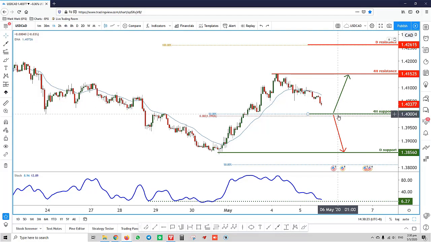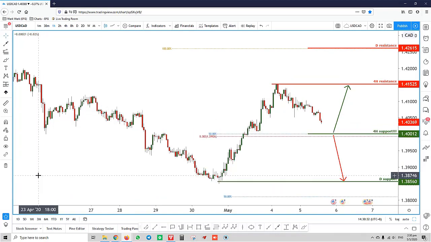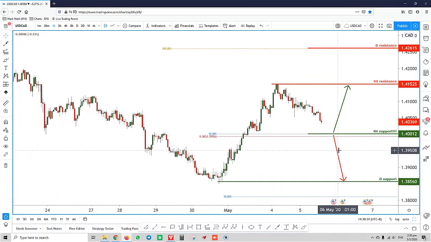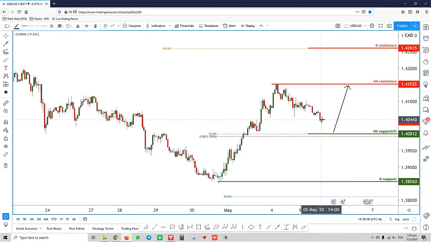Right now, my current preference is, because the indicators are giving mixed signals and we know that these are lagging indicators, I would not put so much faith on the indicators for now. I will actually play a bullish move, because price is approaching the 4 hour support, it might bounce higher. Further, on the daily, we are in a sideways market.